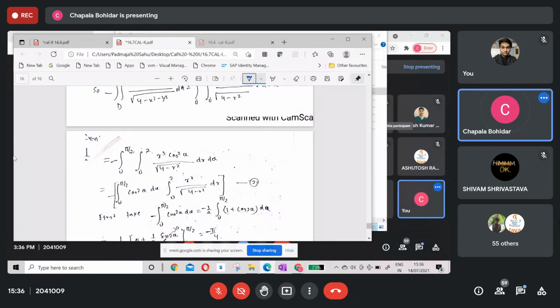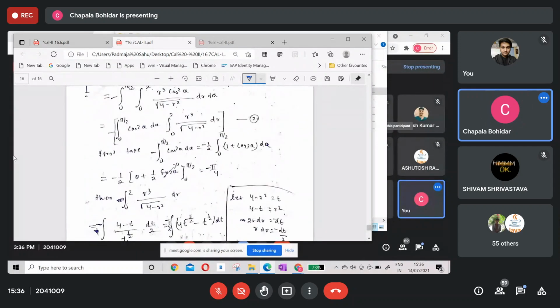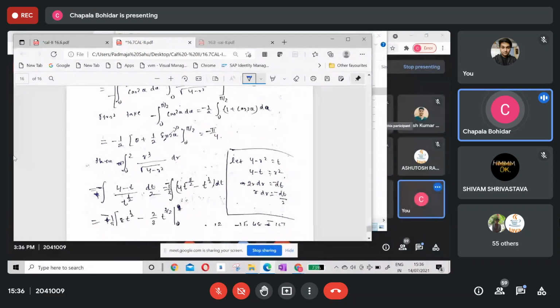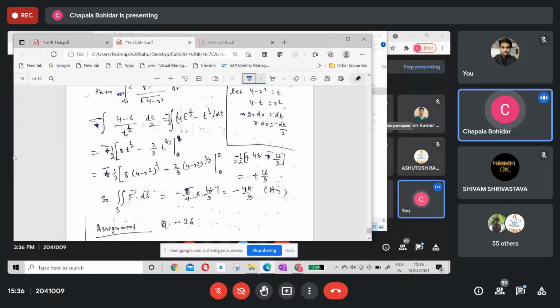By substitution, then we solve, and then we get the answer to this one. And your assignment is question number 26. Okay. So that is 16.7. It is over. Now come to 16.8.